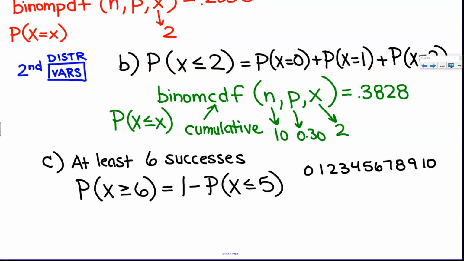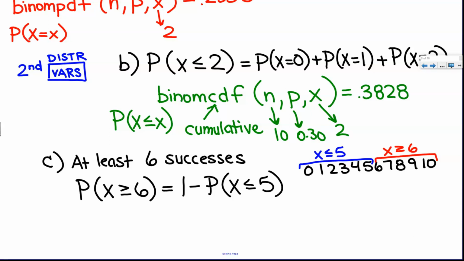So greater than or equal to 6 is here. And so the complement is the opposite of that. So we say, well, what's not included in that? And that would be everything over here. So here's our greater than or equal to 6, and then the opposite is less than or equal to 5.